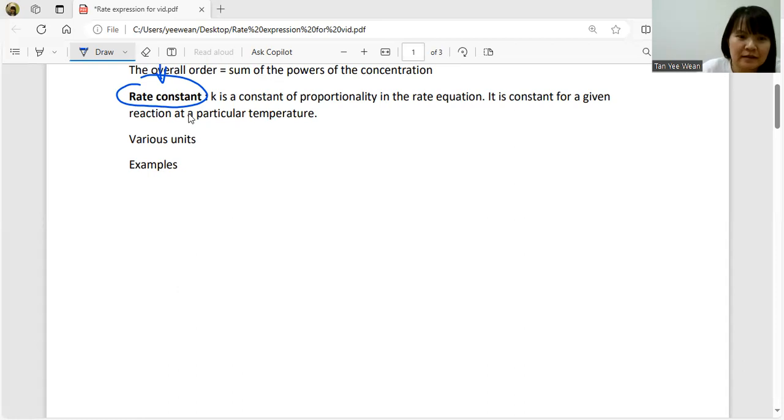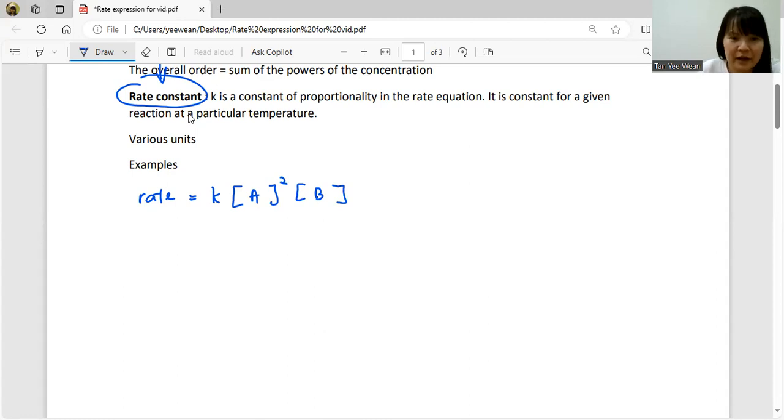Okay, let's do a little exercise on how to get the units of rate constant. Don't worry about the other things first. How this equation comes about, how they run the experiment, it's a separate video from this. Okay, if I have a rate equation or rate expression like this, what would my K unit be?